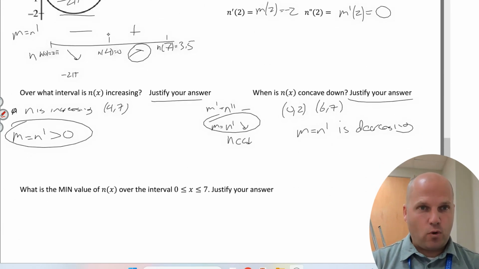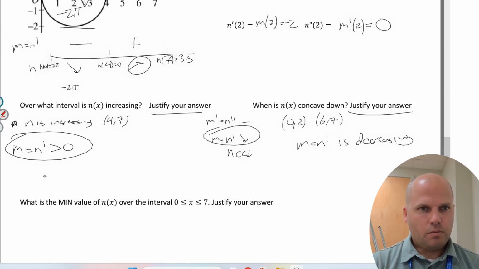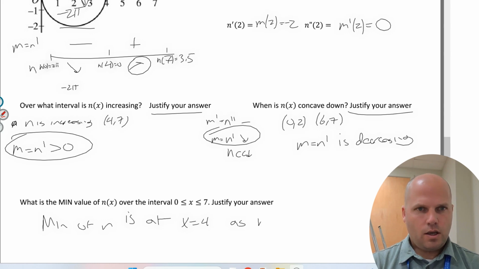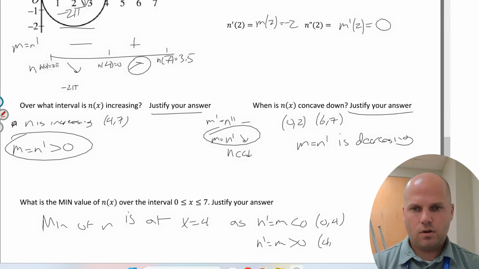Min value is at 4. We know it for a fact because n is decreasing then increasing because n prime is negative and positive. Min of n is at x equals 4 as n prime, which happens to be m, is negative from 0 to 4, and n prime, which equals m, is positive from 4 to 7.